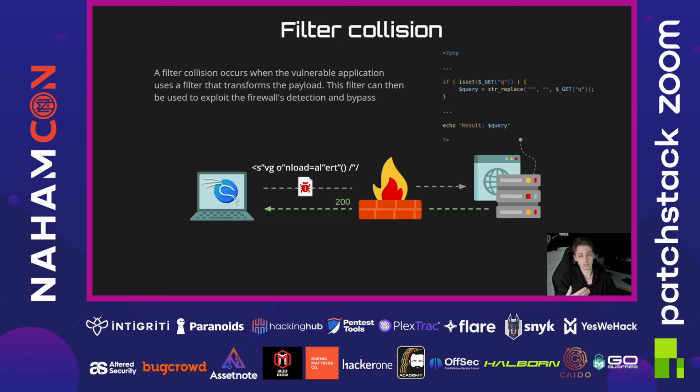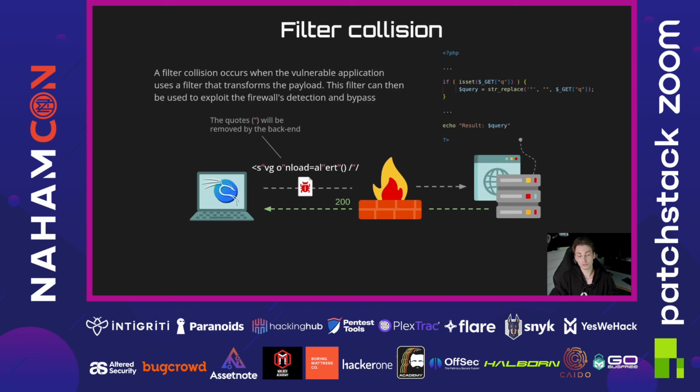If you're sending something like the payload example here, marked in red, your quotes will probably bypass the firewall, because this payload makes no sense, right? It's S, special character, VG, on, special character, load. So it doesn't make sense for the firewall to block you, because the payload doesn't work by itself.